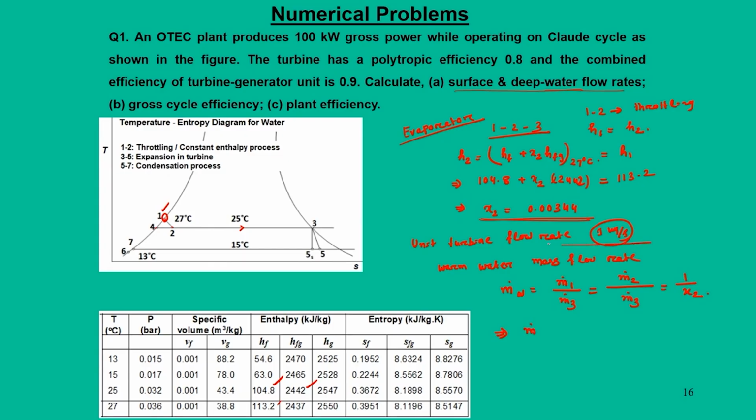That is what we are calculating for unit flow rate in the turbine. So, the warm water flow rate ratio is 290.7.